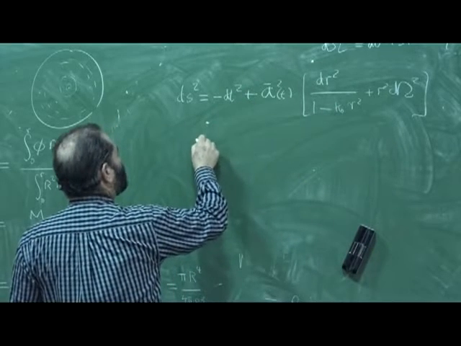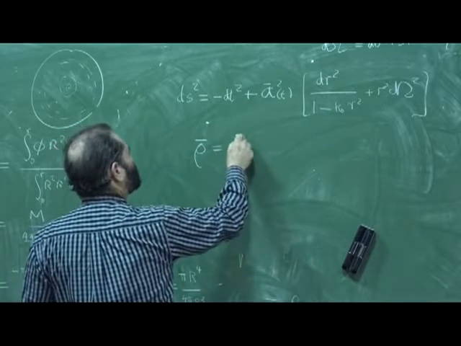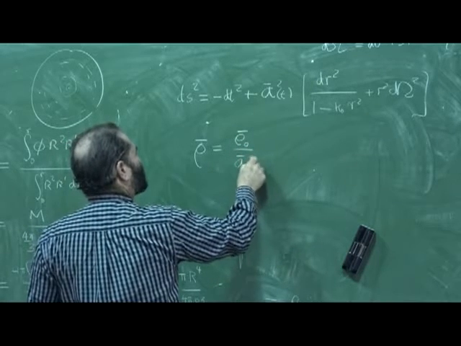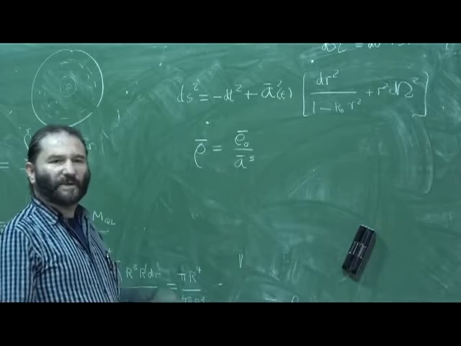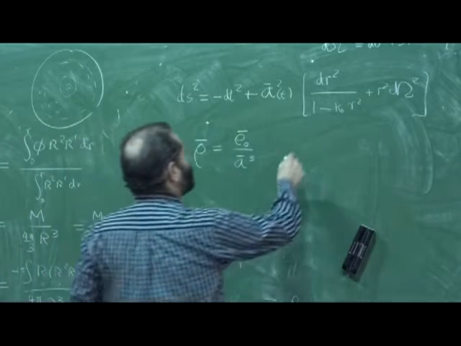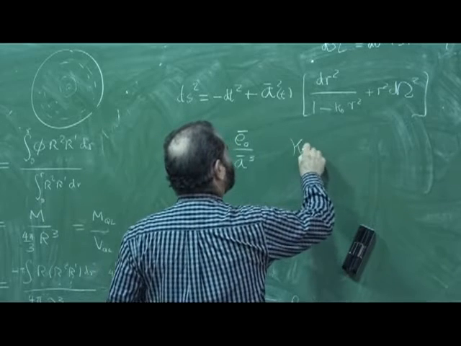The FLRW density is this. What is the spatial curvature?